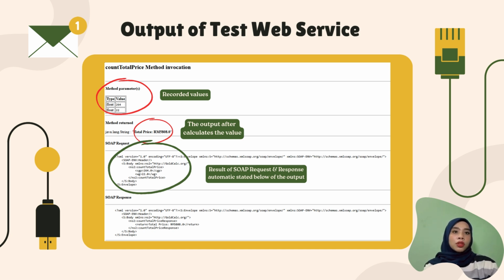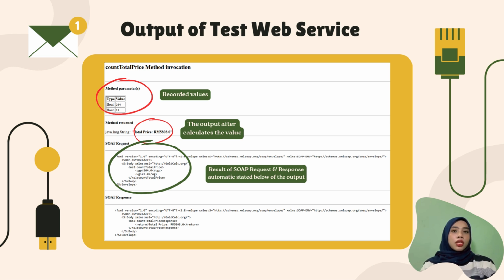The response contains another SOAP Envelope and SOAP Body, and inside it you can find the namespace countTotalPriceResponse element. This holds the return tag with the final output, total price RM 5808 Malaysian ringgit. What this shows is a complete communication cycle between a client and the web service using SOAP.